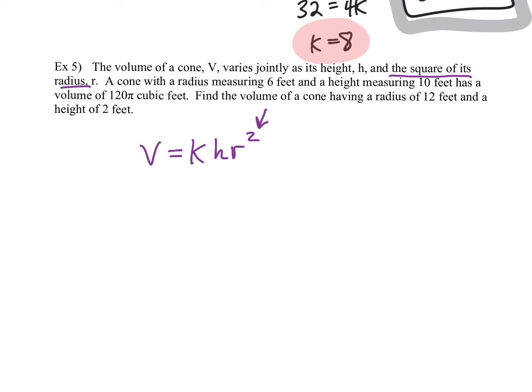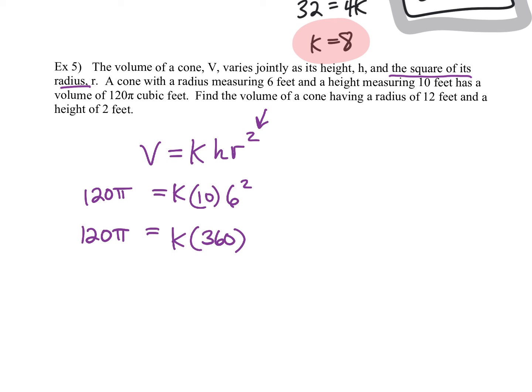They tell us a cone with a radius of 6 and a height of 10 has a volume of 120 pi cubic feet. That means that k times 360 equals 120 pi. That means our k value is pi over 3, or 1/3 pi.